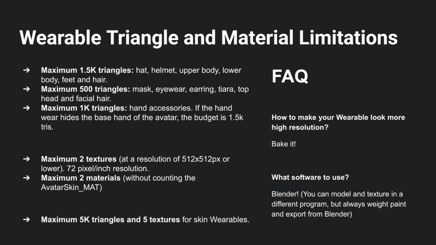Something I get asked quite a lot in terms of materials and textures is how do people make their wearables look so great with so few textures and so few triangles? And it's actually quite a simple answer: you want to bake your wearable, maybe from a high poly version to a low poly version, or maybe you want to bake in some specific texture maps and then have them flat on one image.